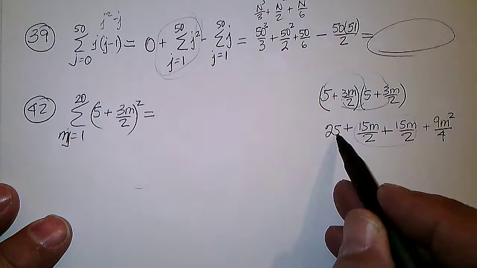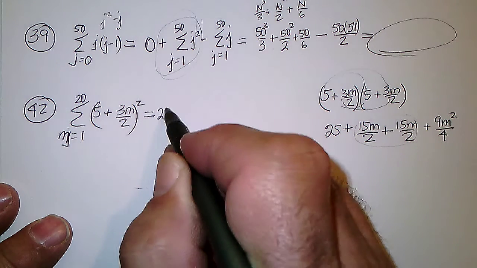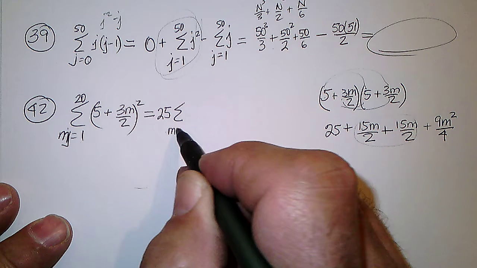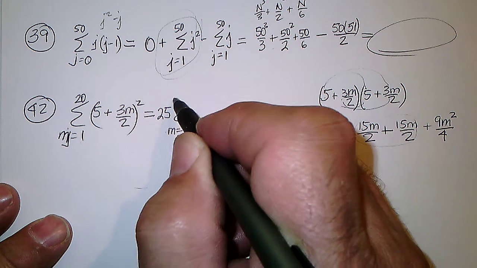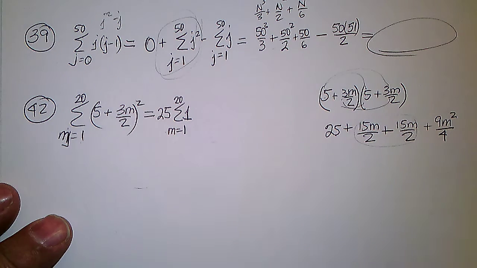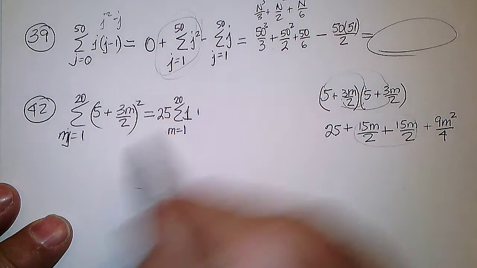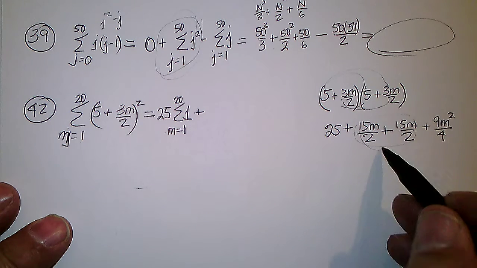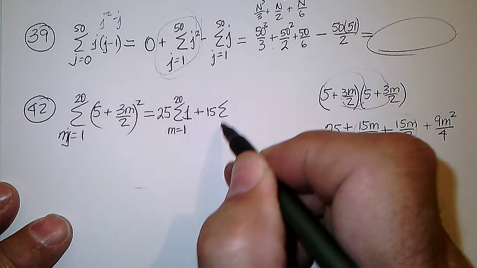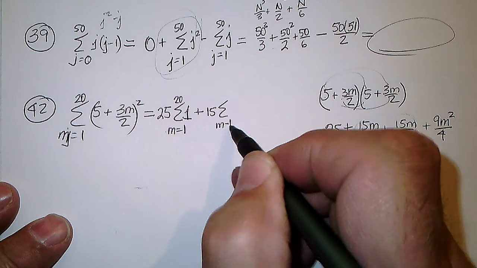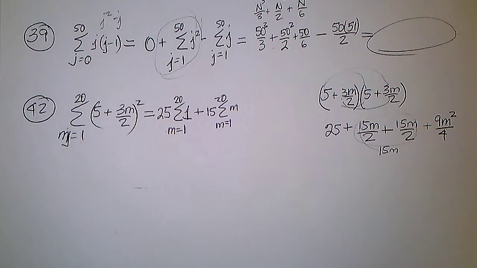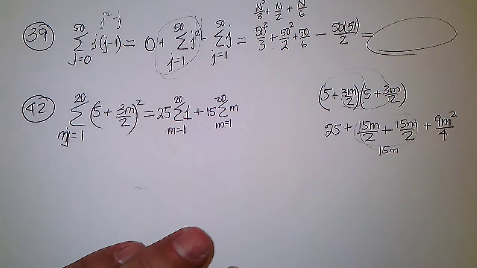So I'd have 25, the sum from m starting at 1 and going to 20 of 1, plus, these two together are 15m, so I can write 15 times the sum from m starting at 1 and going to 20 of m, and there's a formula for that.